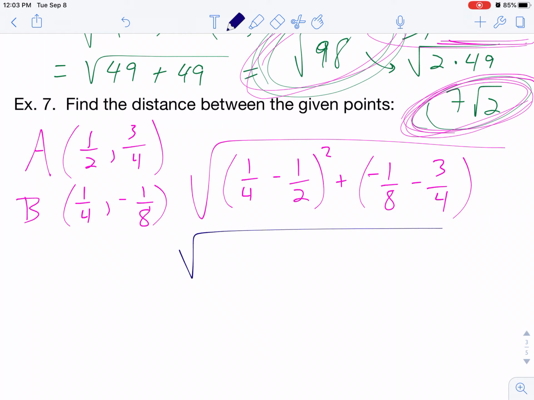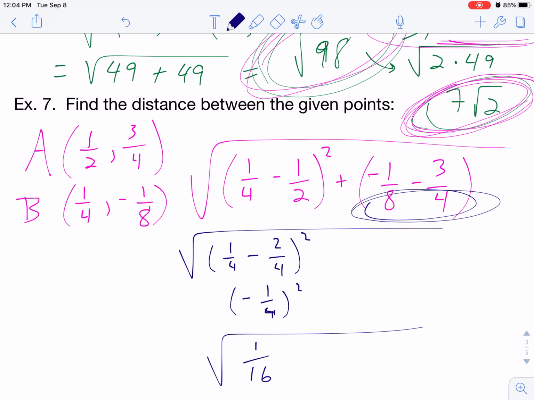So in order to add or subtract fractions, you need a common denominator. Well, on this first one, the common denominator is going to be 4. So this is the same as 1/4 minus 2/4. Well, that gives us negative 1/4 squared. Negative 1/4 squared is going to be 1/16.